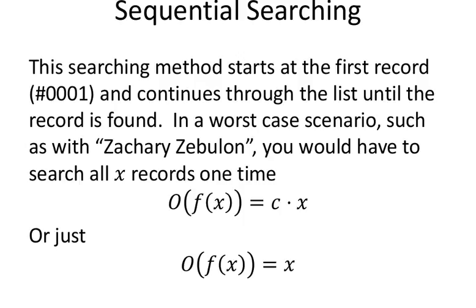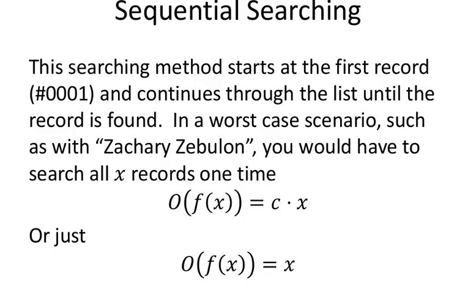And so when we think of big O notation, we look at the worst case scenario of people like Zachary Zebulon. So you'd have to go through all x records, plus a certain amount of constant time that takes into account the time it actually takes to compare the letters. That's c, and that amount of time is going to be pretty much constant for every record.